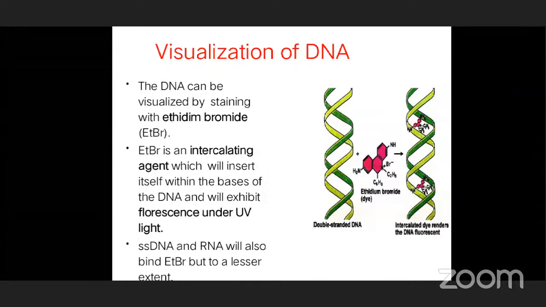The DNA is stained by ethidium bromide, this chemical or dye is used. Then the intercalated dye reveals the DNA fragments. We can identify the fragments of DNA.